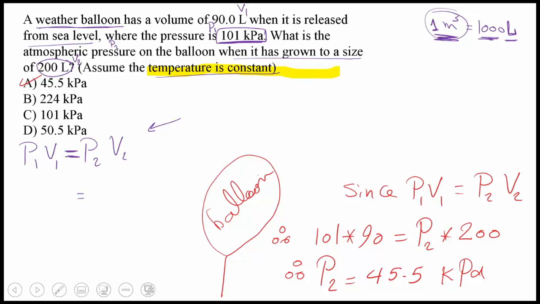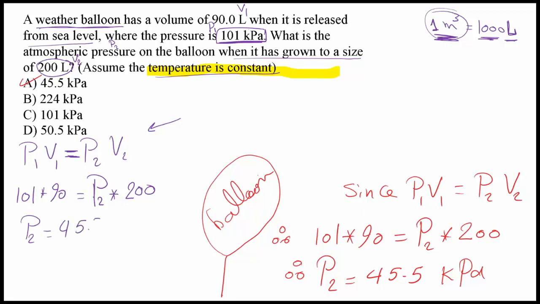So P1 is 101 times V1 is 90 liter equals P2, this is what I'm searching for, times V2 is 200 liter. So I use liters on both sides, and I use the pressure in kilopascal, so the pressure P2 will be found in kilopascal also. So P2 is 45.5 kilopascal. Okay, kilopascal.